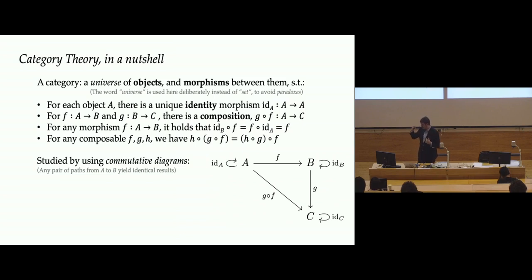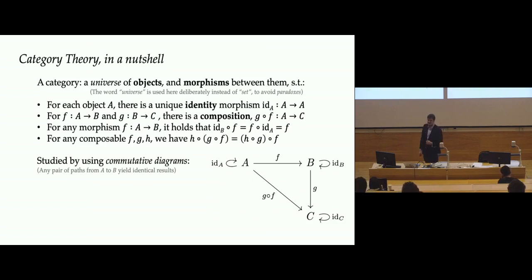And these objects and arrows are not just randomly placed in space. We need to actually have them obey certain constraints. And you can see the list of those constraints outlined below. First, for every single object, I need to have a unique identity morphism associated with that object. Secondly, whenever I have two morphisms such that the endpoint of the first one matches the start point of the second one, I must be able to compose them.